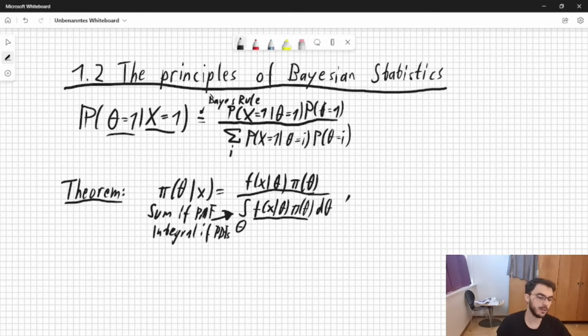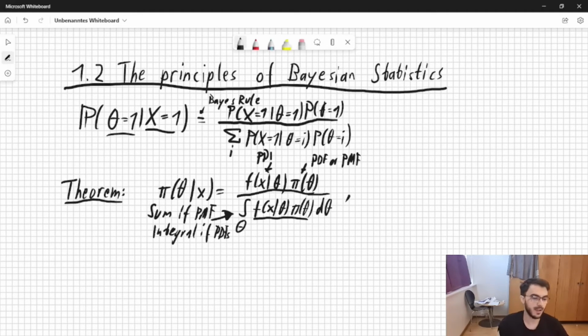So remember, the prior can be a PDF or PMF. But the same holds for the sampling distribution. It can also have only one. We said that there are no values for theta for which for one value of theta we have a PDF and for the other we have a PMF.